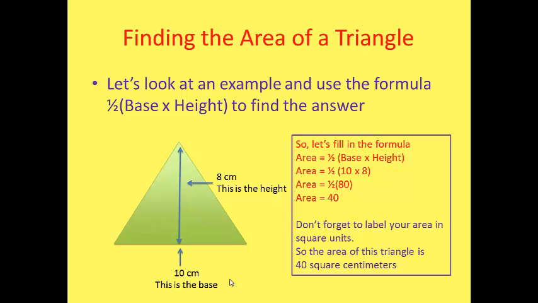If the formula is area equals 1/2 base times height, we can just plug in the numbers and get area equals 1/2 of 10, which is the base, times 8, which is the height, which then gives us 1/2 times 80. Therefore, we get an answer of area equals 40. Don't forget to label your area in square units. So the area of this triangle is 40 square centimeters.